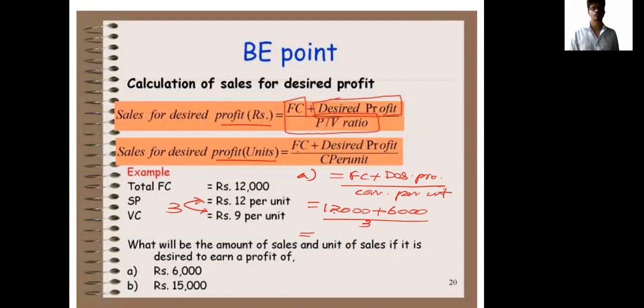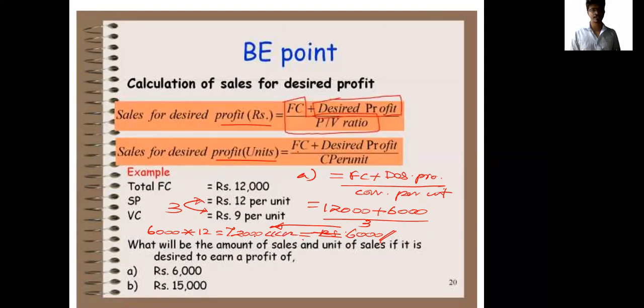Then 12,000 plus 6,000, 18,000, divided by 3, 6,000 units. So simply we can get the value: 6,000 into selling price 12, 72,000.